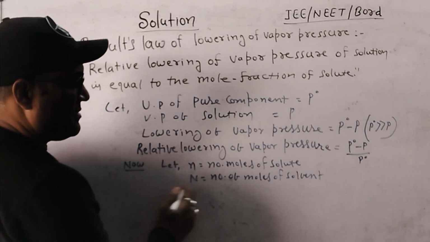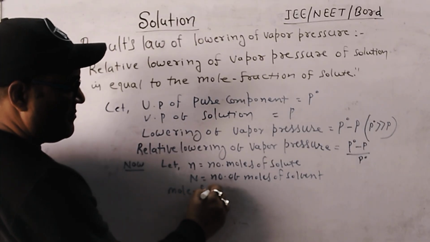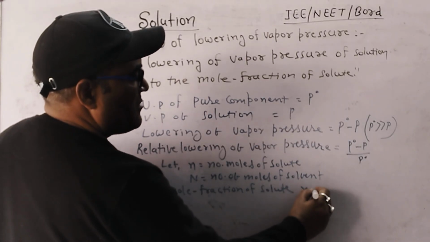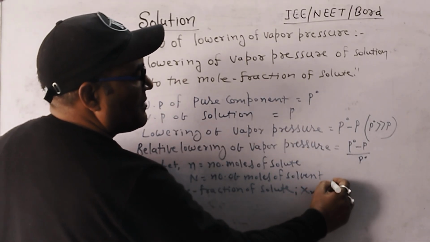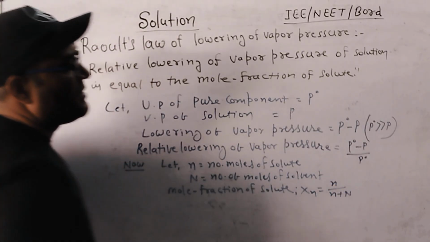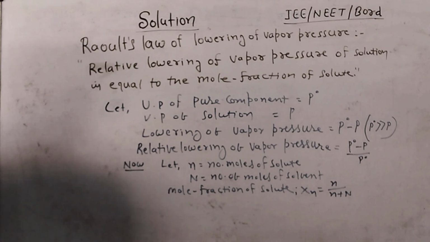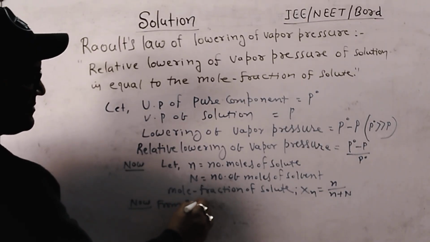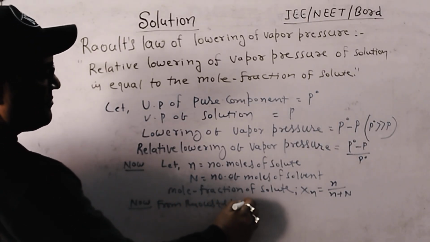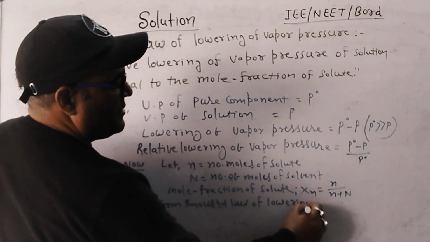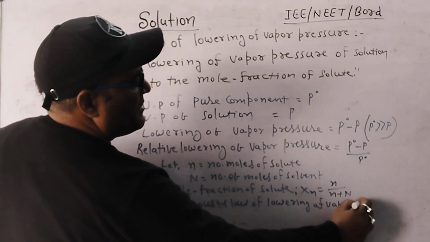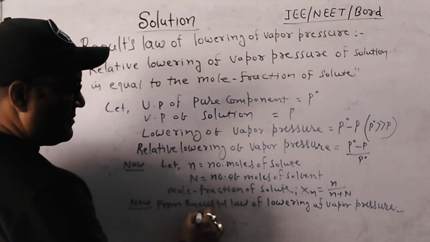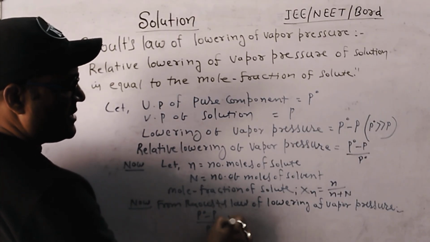The mole fraction of solute, x of small n, is equal to small n by small n plus capital N. Now from Raoult's law, the relative lowering of vapor pressure, P naught minus P by P naught, is equal to x of small n.